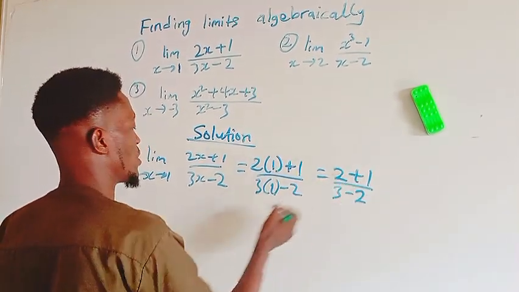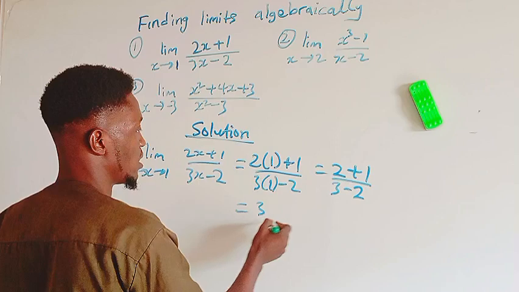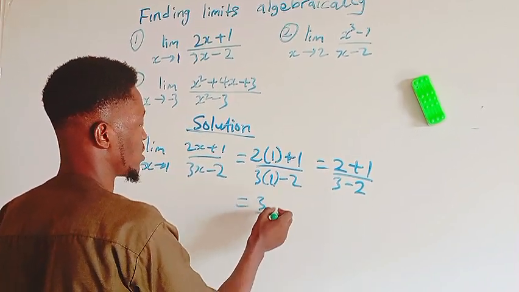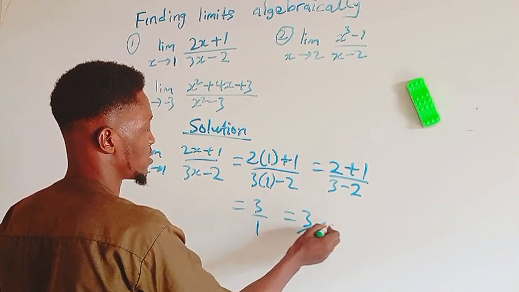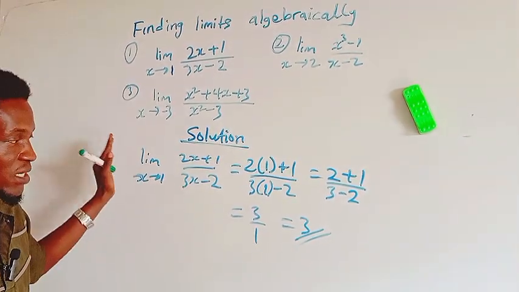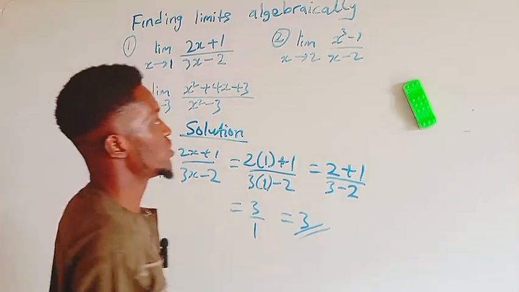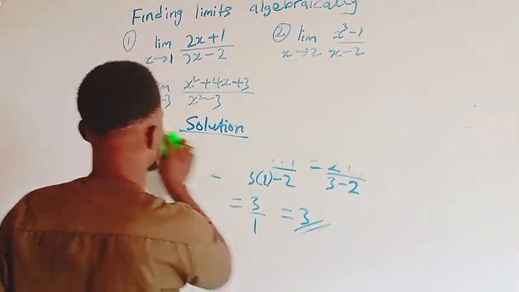So 2 plus 1 is 3, and 3 minus 2 is 1. So our final answer is 3. This is our final answer to this particular limit. Okay, so let's dive into the second one.